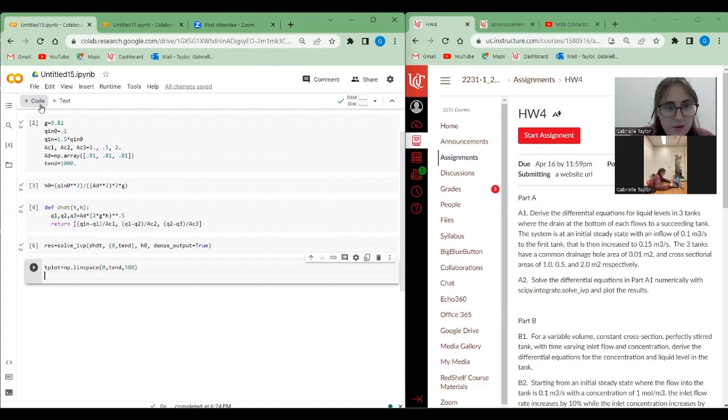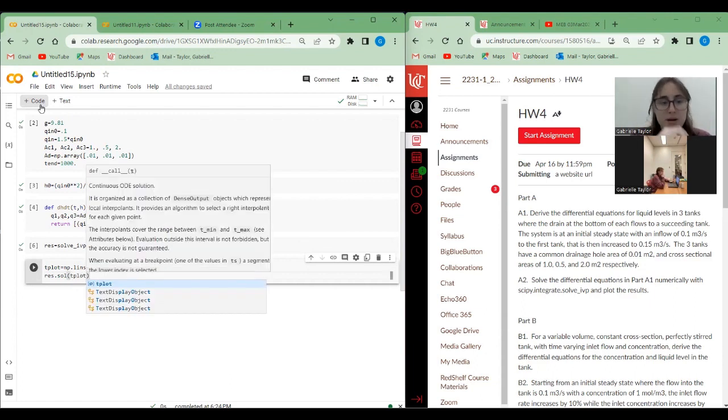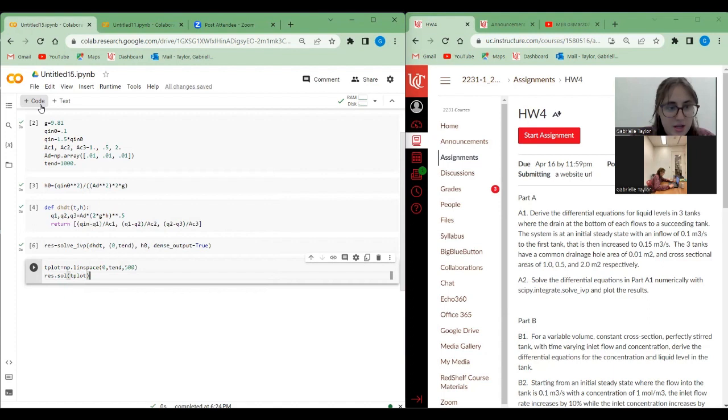After we have our t-plot, we can use our resolution solver based off of the times that we specified. This is going to give us our heights: height 1, height 2, and height 3.